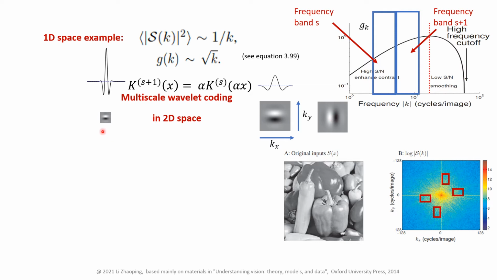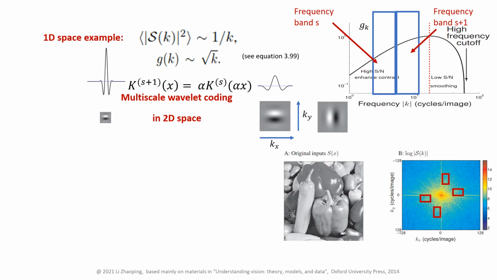You can imagine that for this filter, it is smaller, so it should be tuned to higher frequencies. So its frequency band should be somewhere around here. And so therefore, by carving up this two-dimensional frequency space with many different frequency bands, we can have residual field filters tuned to different orientations and different spatial scales.